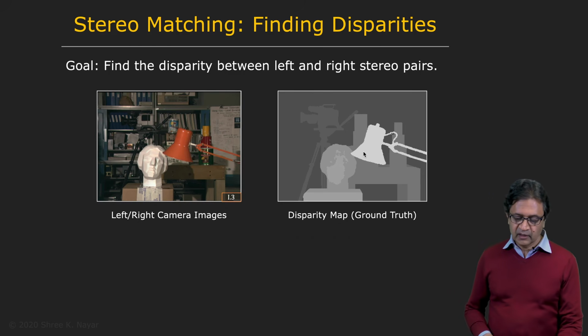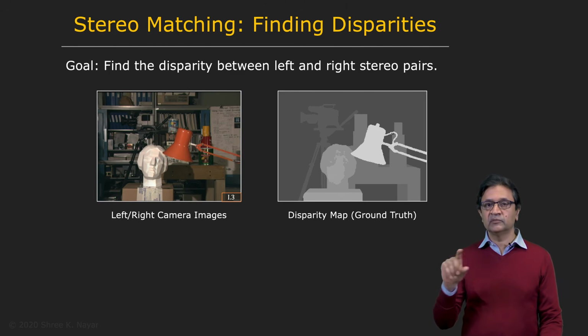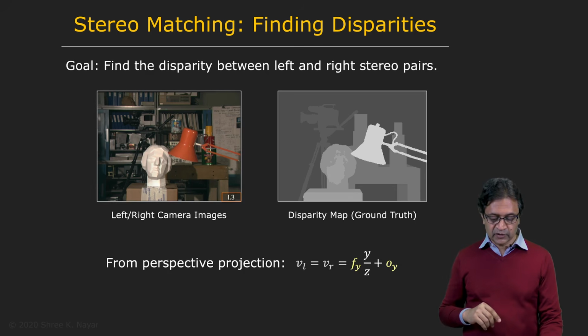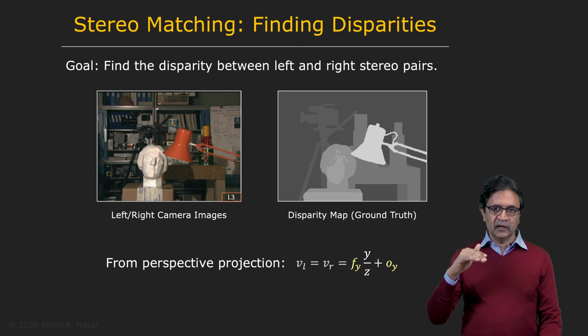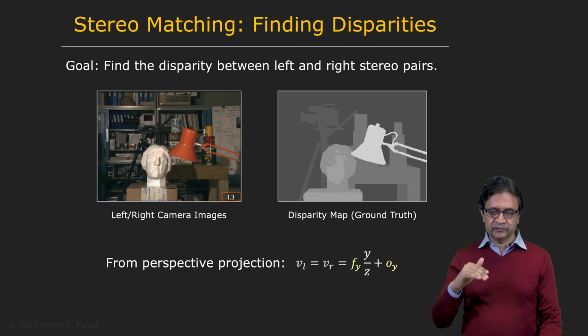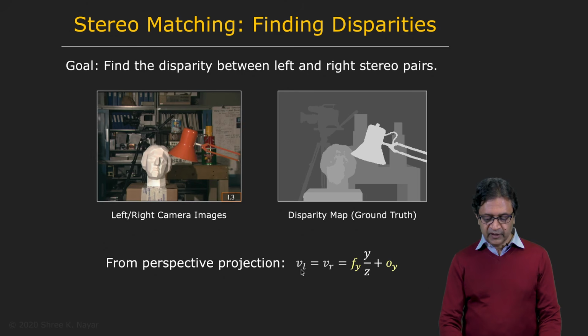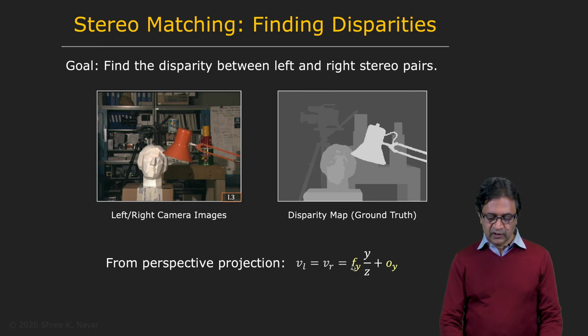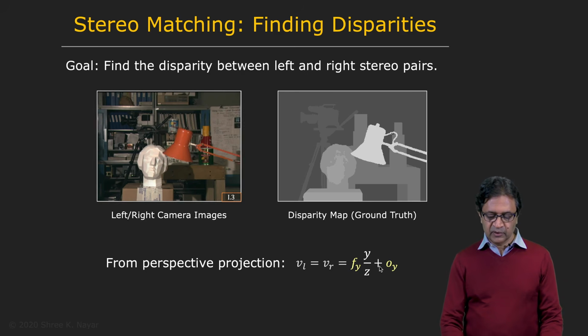Now, the interesting thing about this horizontal stereo system or the simple stereo system is that there is no disparity in the V direction, in the vertical direction. Because we know that VL is equal to VR is equal to FY Y divided by Z plus OY for both the cameras.